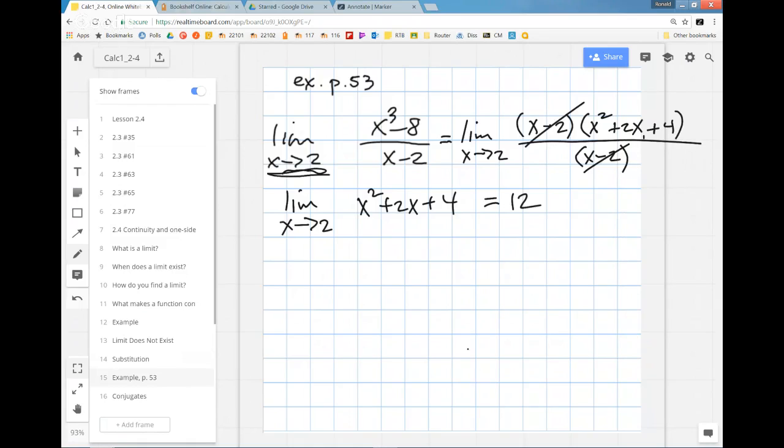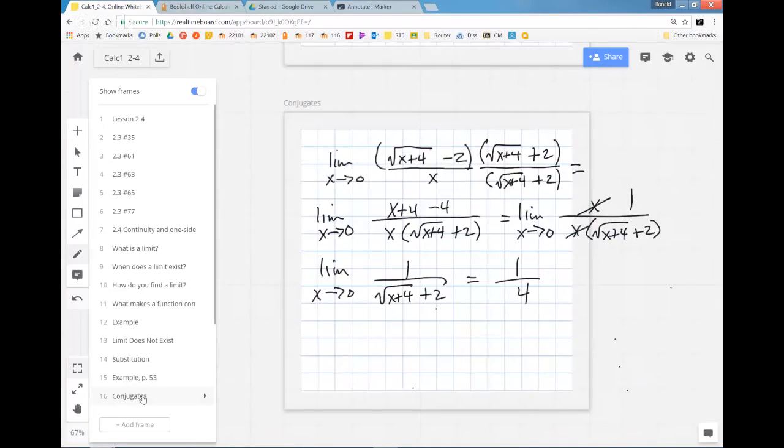And then, of course, look, the x minus 2's cancel. Now, can we do a substitution? Sure. We can plug in 2, and we get 4 plus 4 plus 4, or 12. Limit complete. And then just a reminder on conjugates.